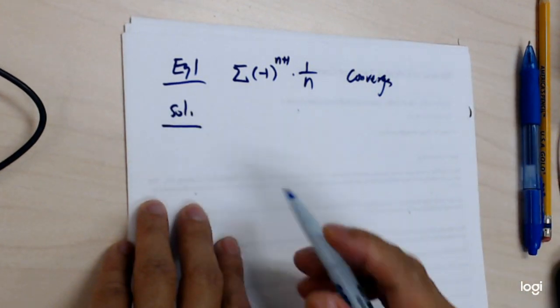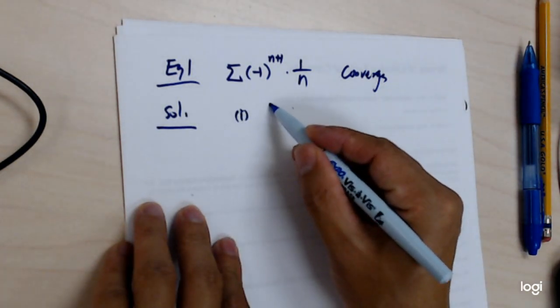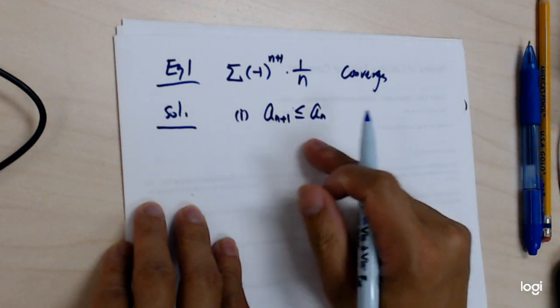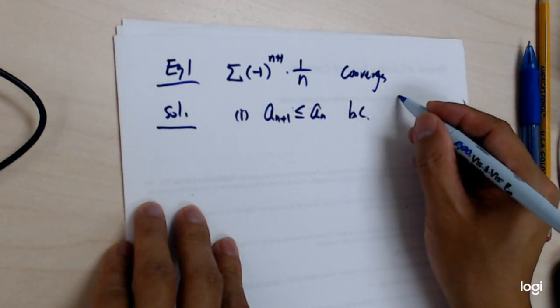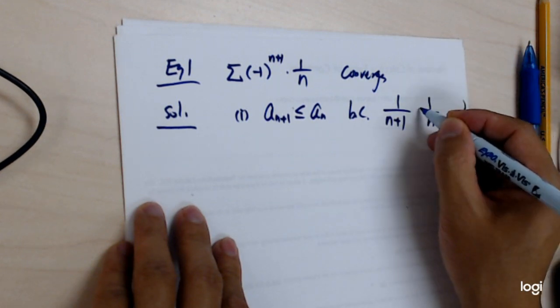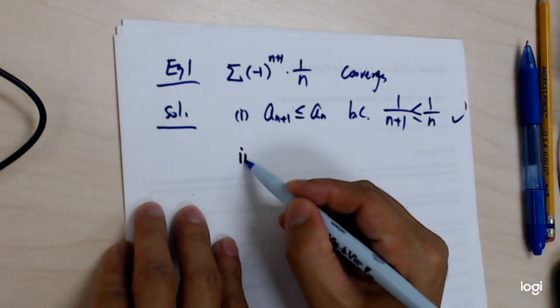Solution. Is it decreasing? So I want to say this is true, because this is a sub n plus 1, this is a sub n. So it's kind of trivial. This guy is always less than this. Checked.